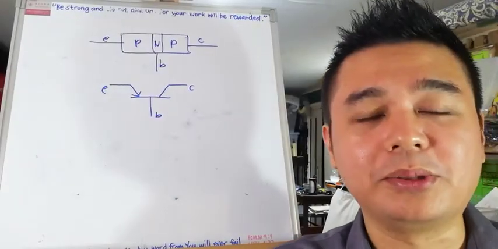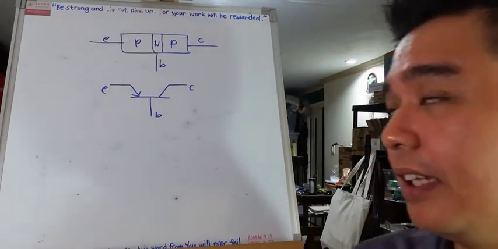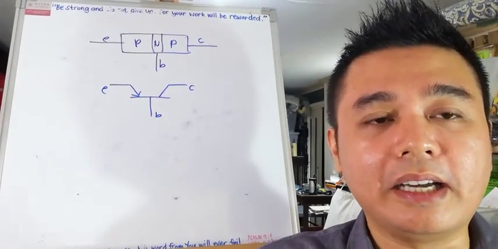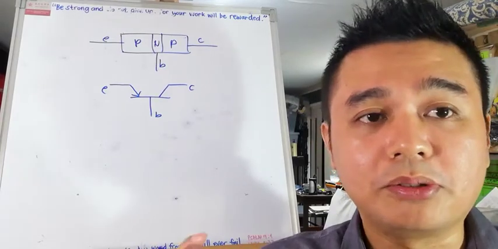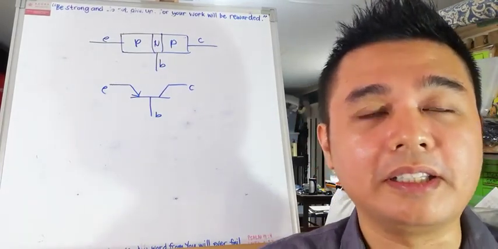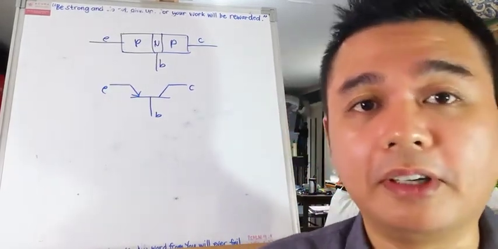And now we proceed to the R sub E model. Here we go. We will now use a PNP BJT. What we will analyze using the R sub E model is the common base configuration first. And then in our succeeding lectures, we will analyze the common emitter and the common collector. Alright.